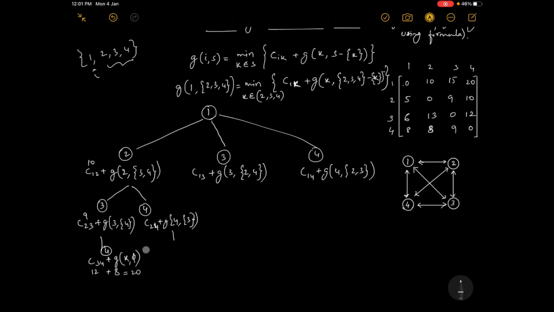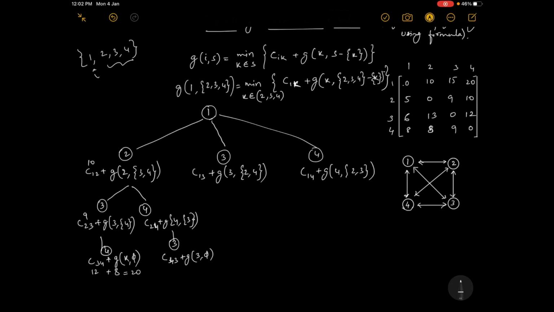Now this is over. Now we will have to take this. What is the left out position? It comes to 3. So it is C43 plus G of 3 comma 5.